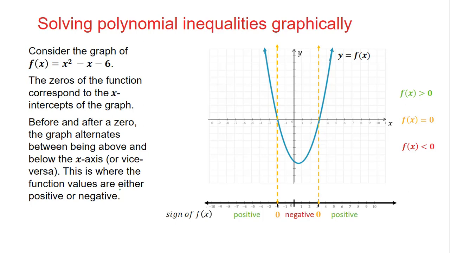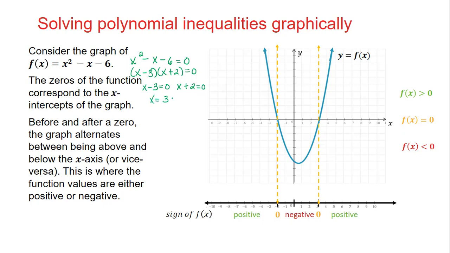Notice that if we set x squared minus x minus 6 equal to 0, we can solve this quadratic equation by factoring to have x minus 3 times x plus 2 equals 0. Setting these factors to 0, we get that x minus 3 is equal to 0, or x plus 2 equals 0.